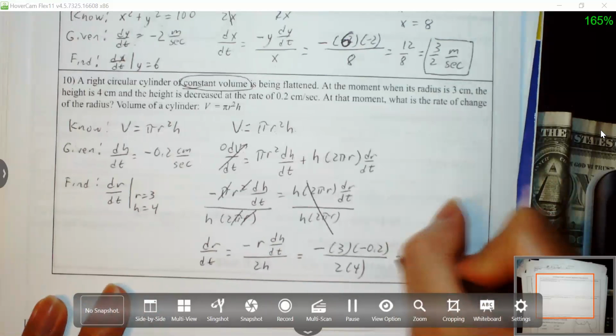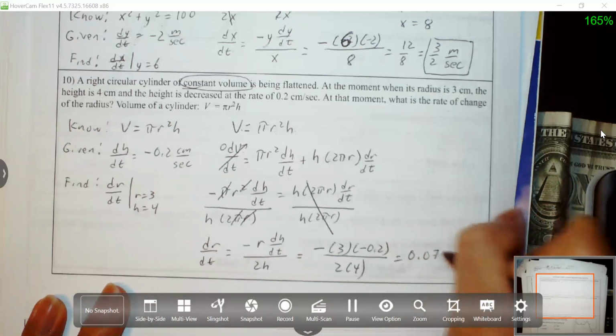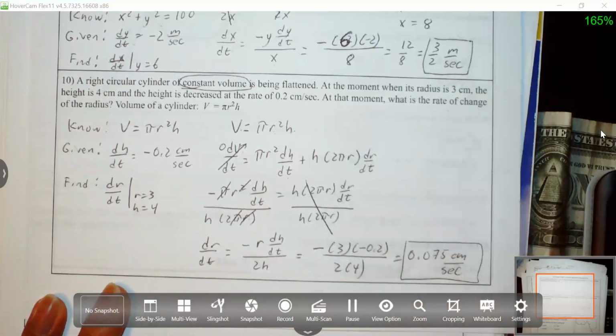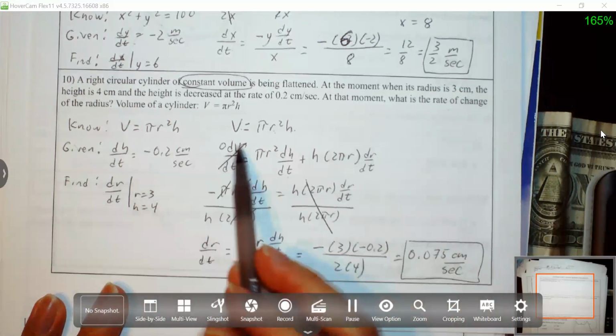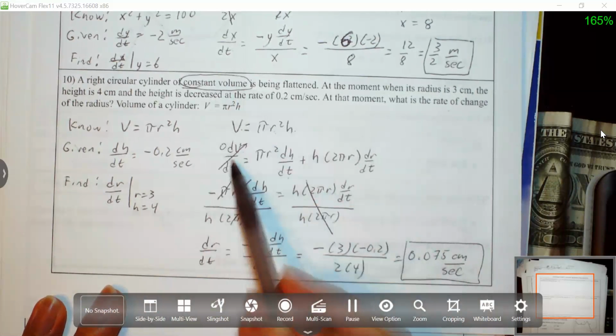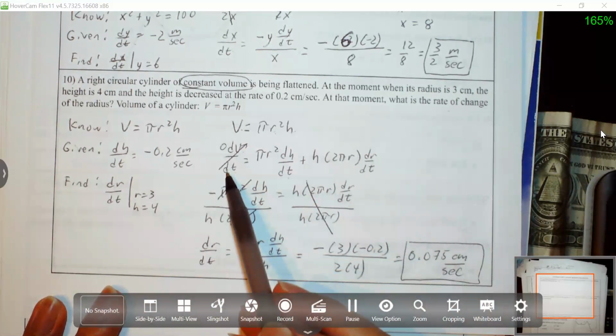So this is actually 0.075 centimeters per second. Okay. Obviously, if the question, instead of saying it had a constant volume, also gave you a dV/dt, you would plug that in for this.